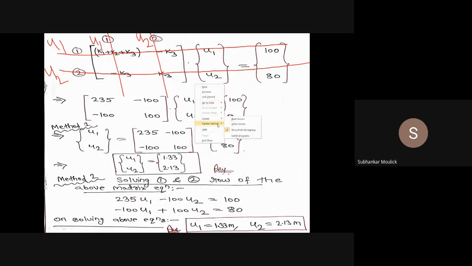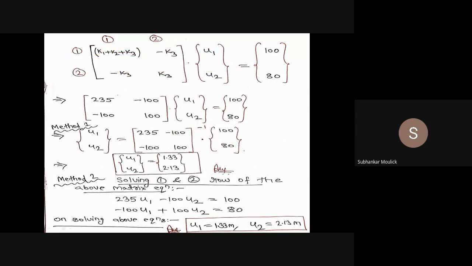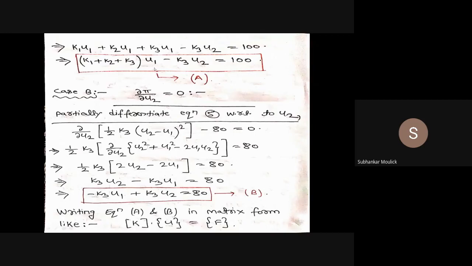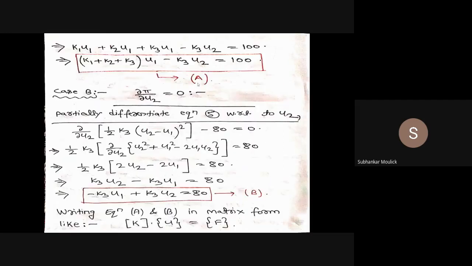Now inside this stiffness matrix I have to substitute the values. From equation A, the coefficient of u1 is k1 plus k2 plus k3, and the coefficient of u2 is minus k3.